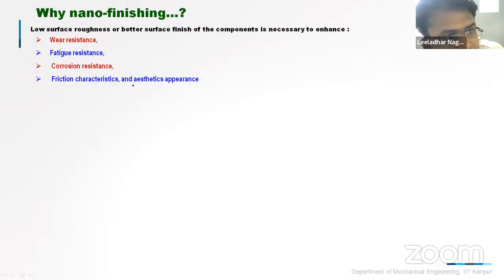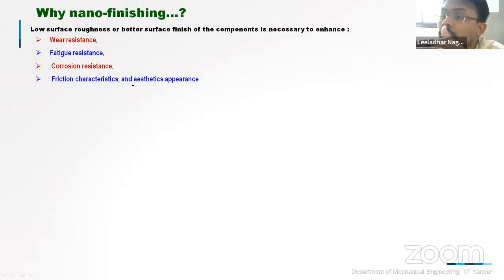Moving further, now why are we talking about the nano-finishing process? Nano-finishing techniques are very important, and these are considered advanced processes. These are processes developed for particular applications and particular developed products.